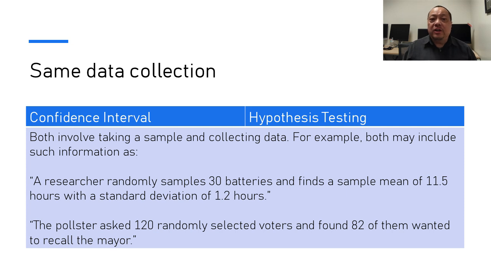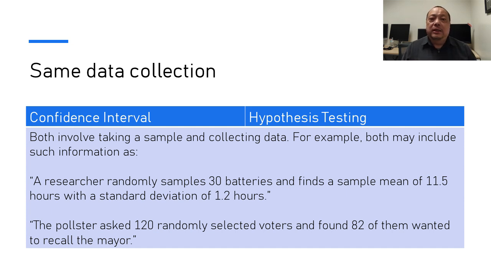First of all, let's talk about how they can look like each other, and that is in the data collection part. Both types of questions will include information like the researcher goes out, gets a random sample of n people, and collects some data about them. For example, both types could say a researcher randomly samples 30 batteries and finds a sample mean of 11.5 hours with a standard deviation of 1.2 hours for the lifetime of the battery.